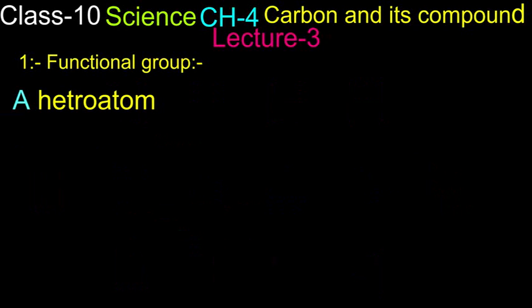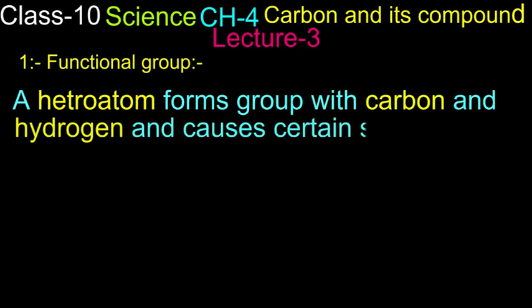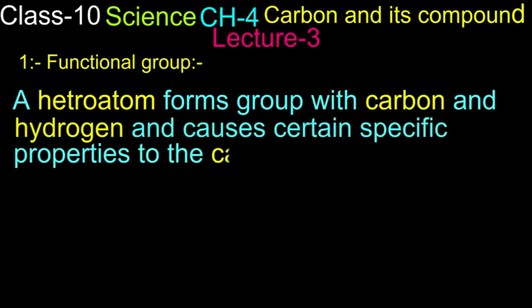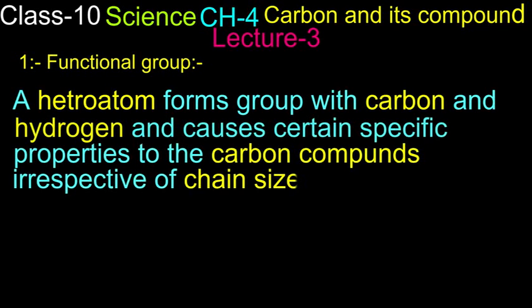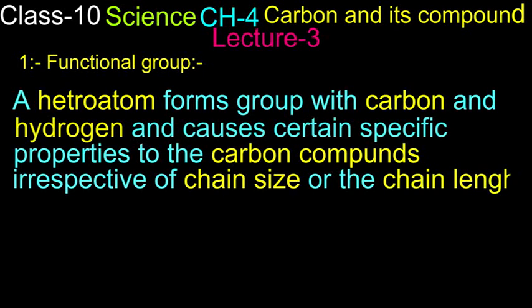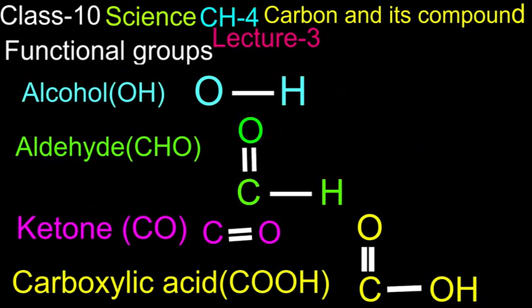A heteroatom forms a group with carbon and hydrogen and causes certain specific properties to the carbon compound, irrespective of the chain size or the chain length of the compound. For example, OH, CHO, CO and COOH are some of such functional groups.